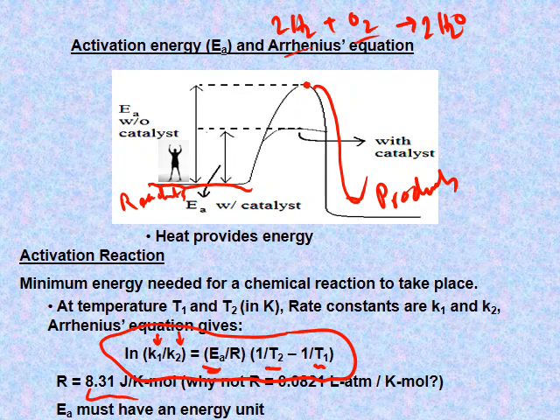Basically, by raising the temperature, we are providing enough heat so that reactants can go to the product side. So this is how you can calculate activation energy. I want to remind you that temperatures are in Kelvin, not in degrees centigrade. If you have temperature in degrees centigrade, you can add 273.1 to get it in Kelvin. So these are all inverse of temperature 2 minus inverse of temperature 1.